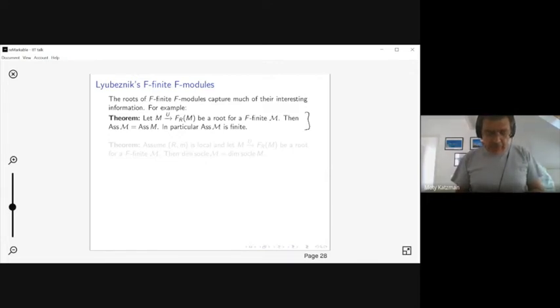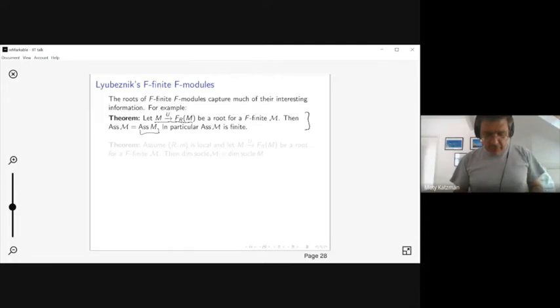If you look at the root of your finite F-module, which is going to have this form, and you want to know the associated primes of this finite F-module, the direct limit of this and its Frobenius functors, then the associated primes are the same as the associated primes of this finitely generated module M. And in particular, and this is what people are really interested in, the set of associated primes of finite F-modules is finite. So for the local cohomology modules I just showed you, the set of associated primes is finite.